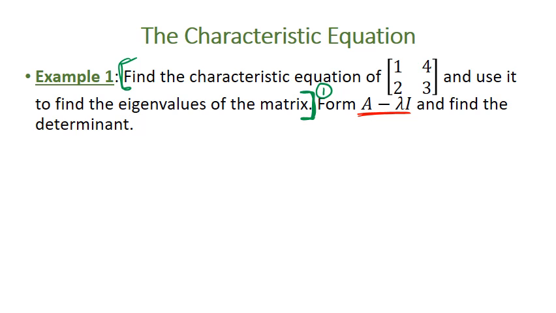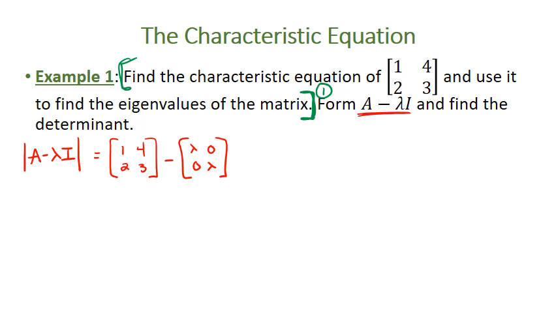So again, remember the notation is this. So this is find the determinant of A minus lambda I. So remember from the previous section, matrix A is this matrix. Minus lambda I is lambda times the identity matrix, which ends up being this matrix here.